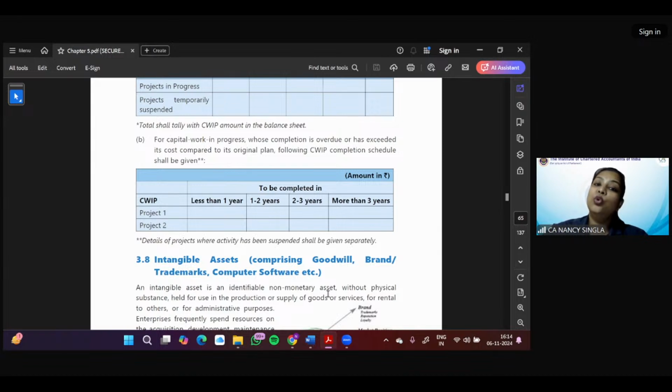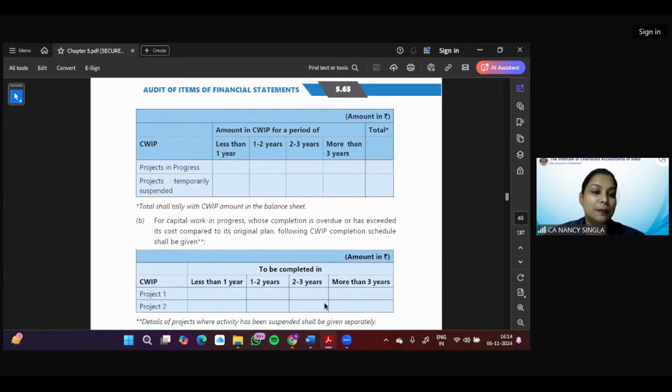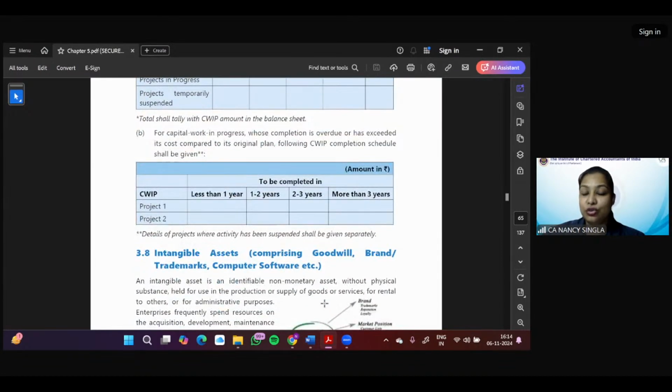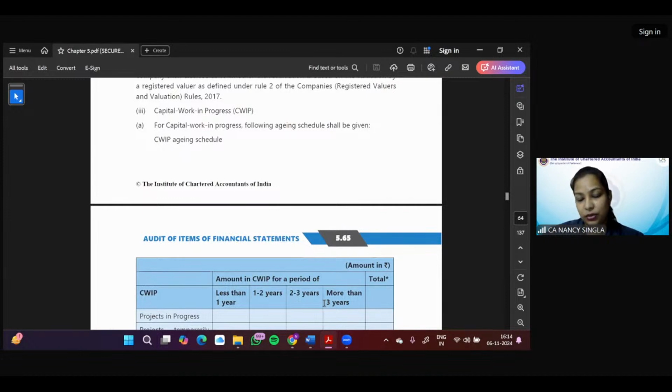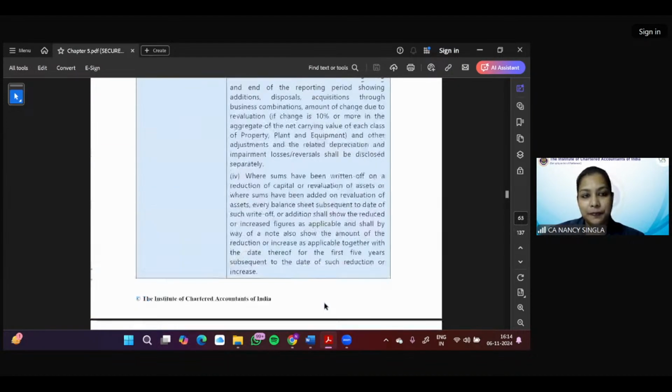And whose responsibility is it to disclose? It is on the management or the client organization only. We as auditors are going to check whether the same has been disclosed or not. Is it clear? So again, I told you that a very good question can be framed out of this B clause also. So this is the CWIP completion schedule and this is the CWIP aging schedule. I hope it is clear.